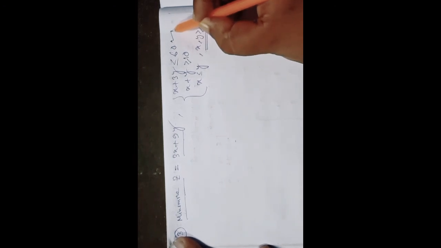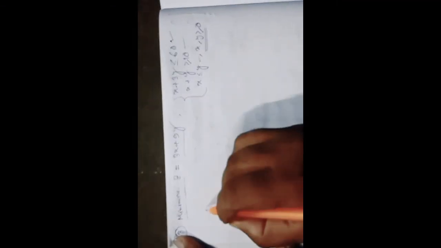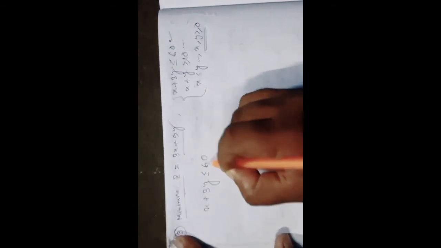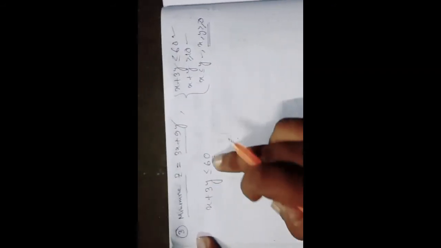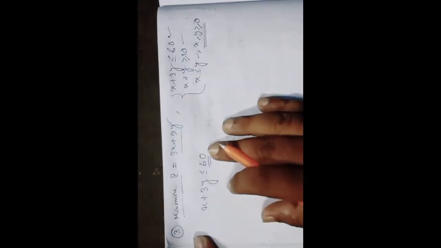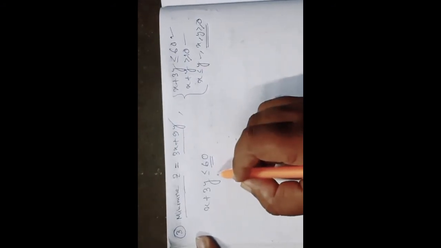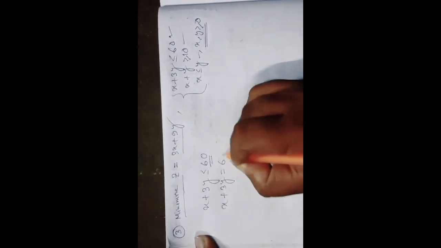Obviously first we have to find the region of this constraint, next this, next this constraint. If we consider x plus 3y less or equal to 60, first we should consider it as a straight line. So x plus 3y is equal to 60.